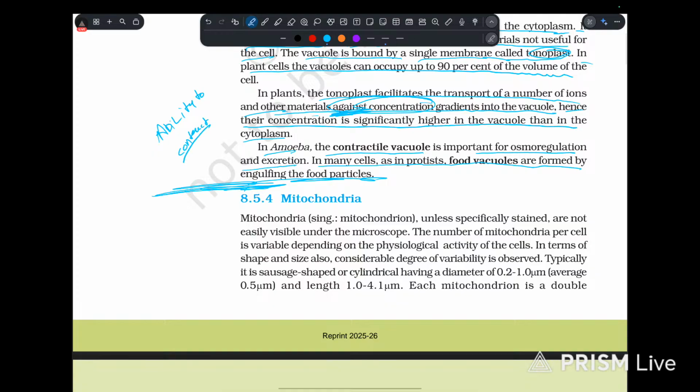And food vacuoles are formed by engulfing the food particles. Like I think we all know about that. If this is the cell surface of the amoeba and there is a food particle outside, then slowly it will engulf the food particle. Okay, we all know about that.